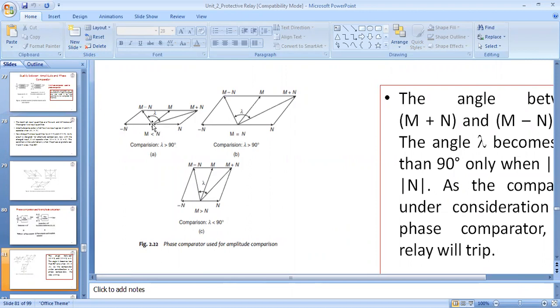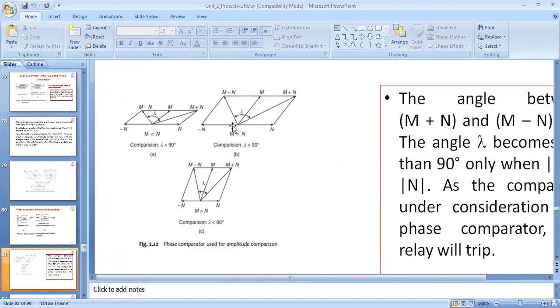You can see here your M is lesser than N. You can check the N magnitude and M magnitude. So here the angle will be more than 90. Here it is exactly 90.